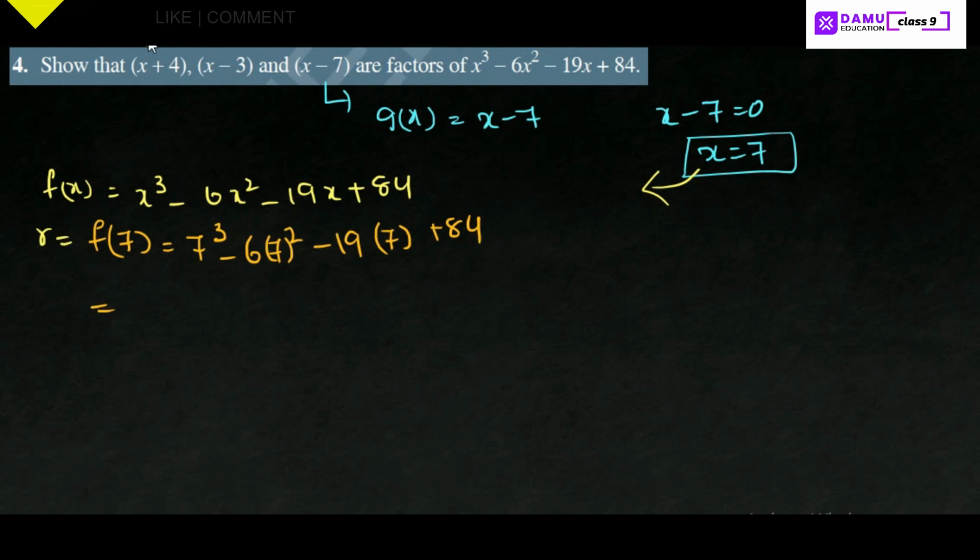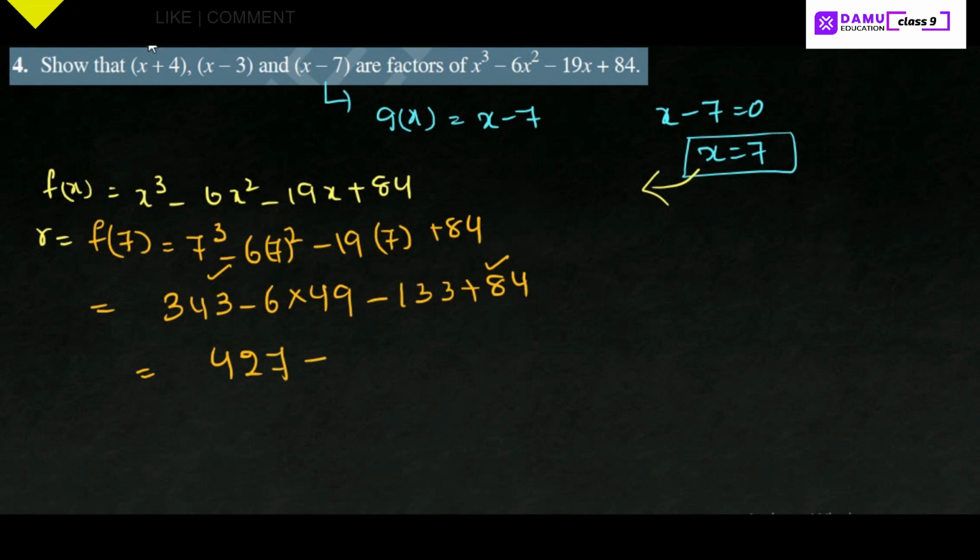So 7 cube: 7 sevens are 49 into 7, what is that? 343. So 343 minus 6 into 49 minus 19 into 7, which is 133, plus 84. Let's take 343 and 84, if you add, 343 plus 84 is 427.